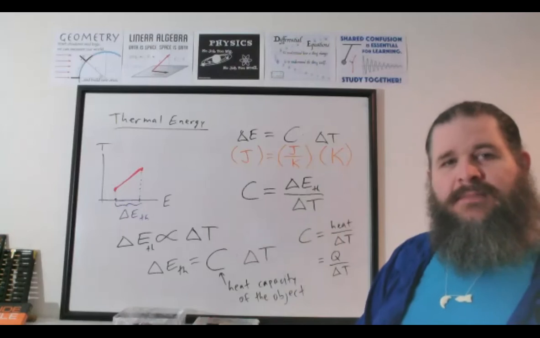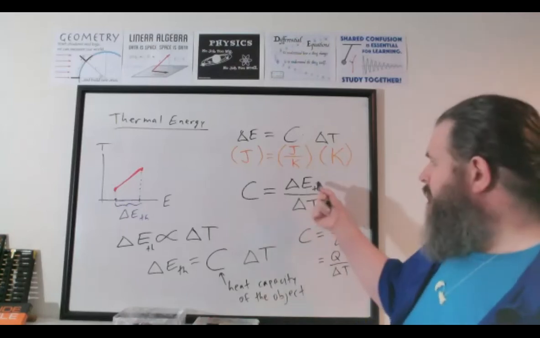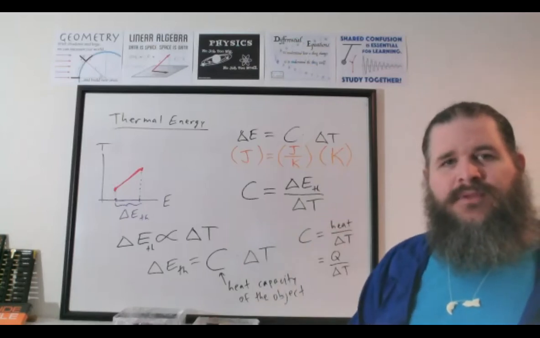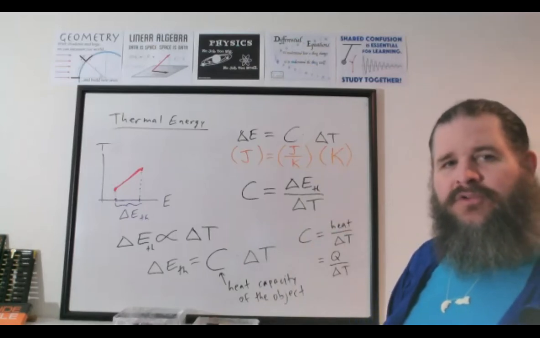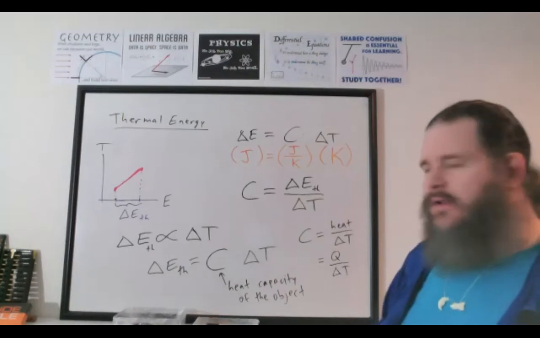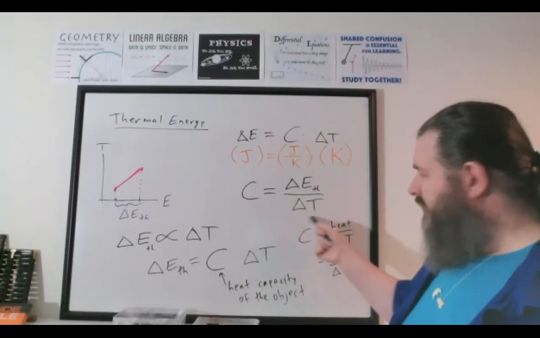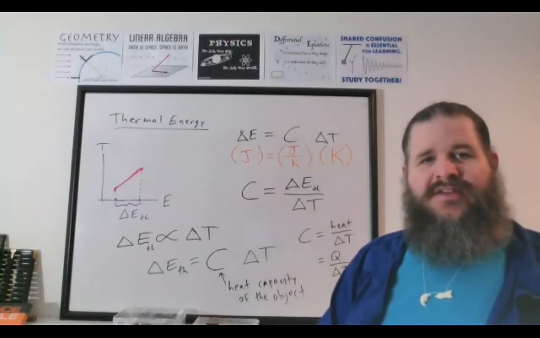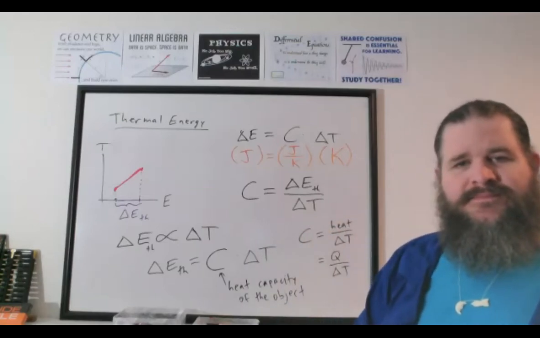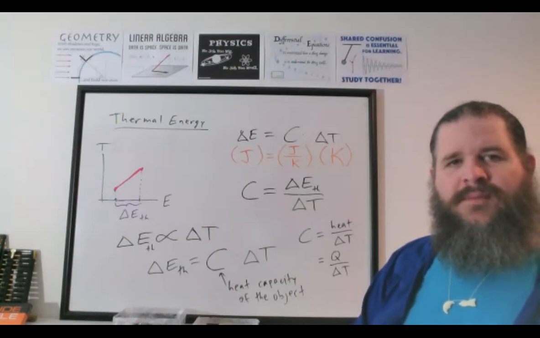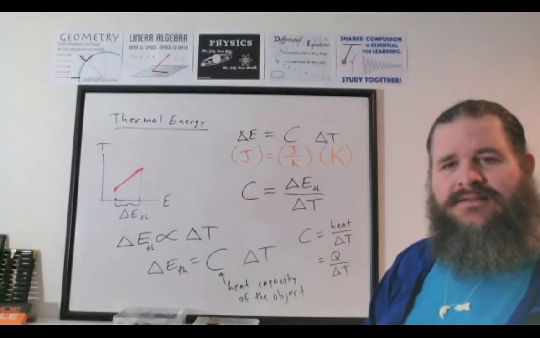So you could think of heat capacity as this ratio of how much energy per how much temperature change. In fact, you could even think of this almost like a unit cost. For instance, since we're defining this as a ratio, what's the easiest denominator to use? What's the easiest delta T to divide by? What number would be easiest to divide by here?